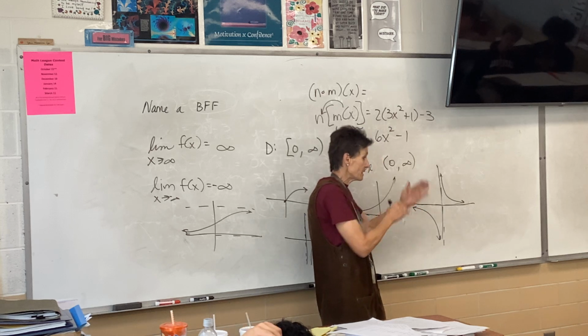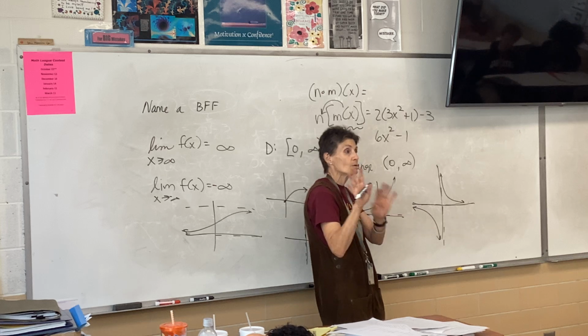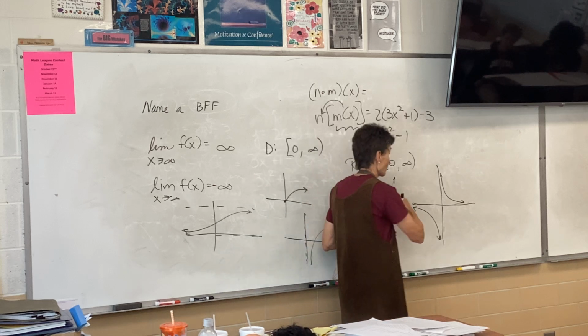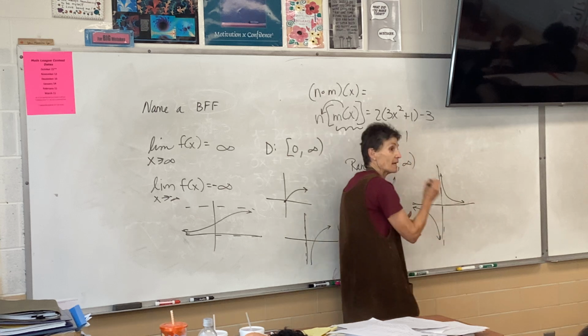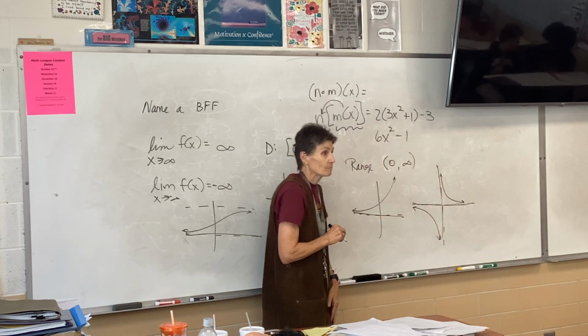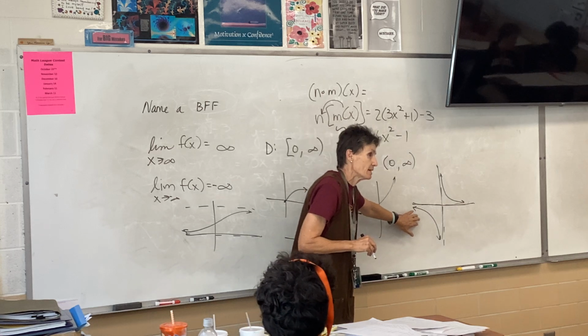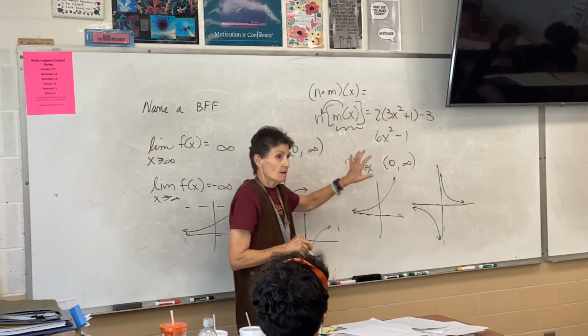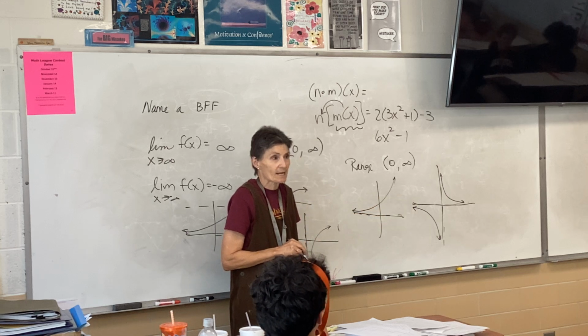So it would be negative infinity to zero, parentheses, union zero to infinity. And the same for the domain, because we go all the way this way and all the way that way, but we can't be zero. Okay? Now, an interesting characteristic of this is the entire curve is decreasing.